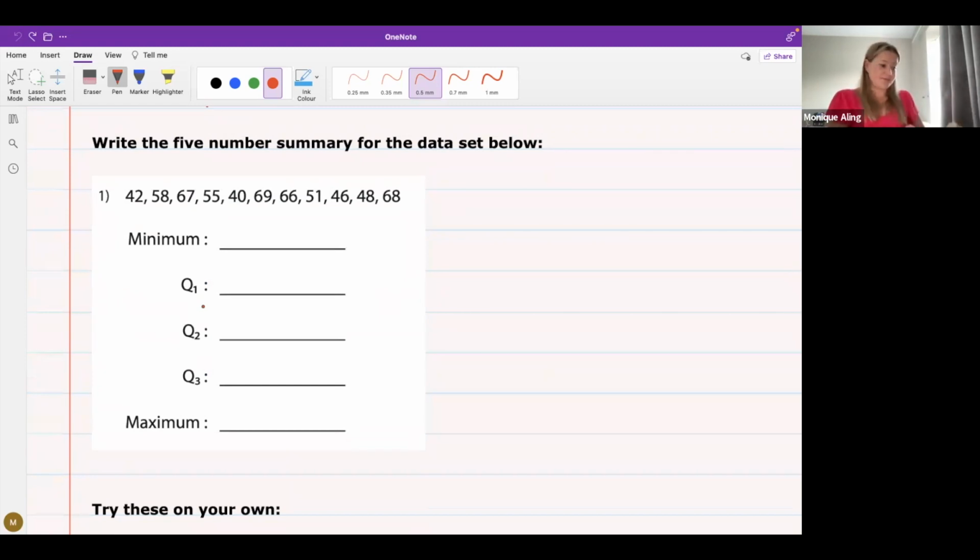Okay, so in order, it's going to be 40, 42, 46, 48, 51, 55, 58, 66, 67, 68, and 69.